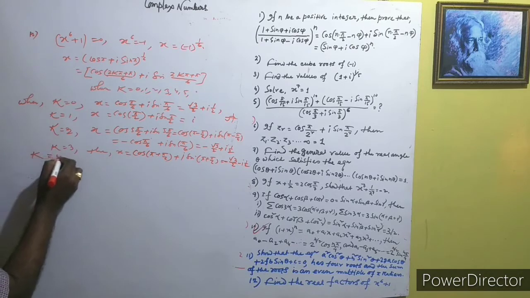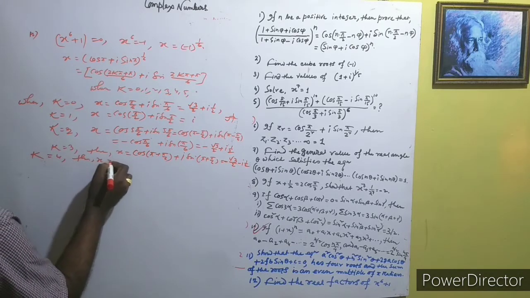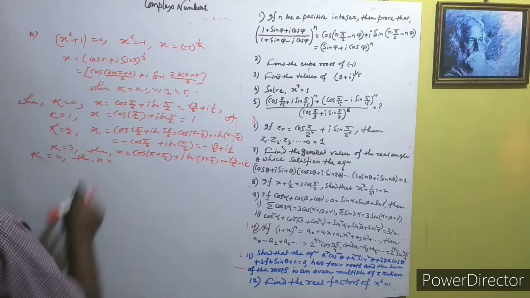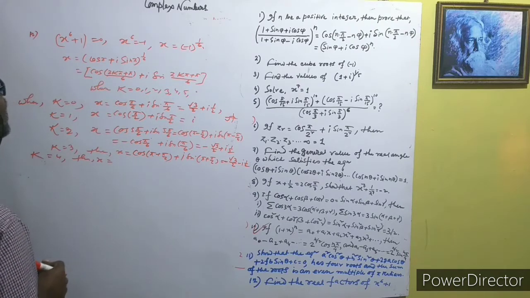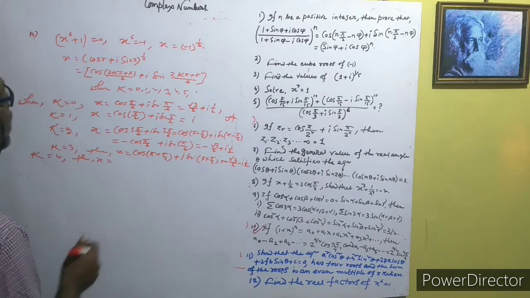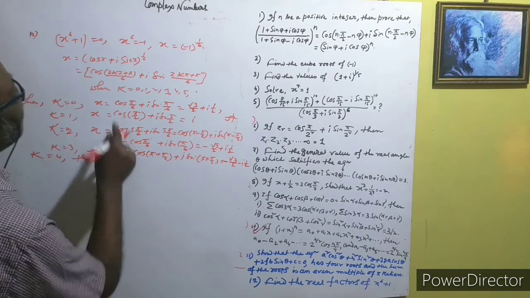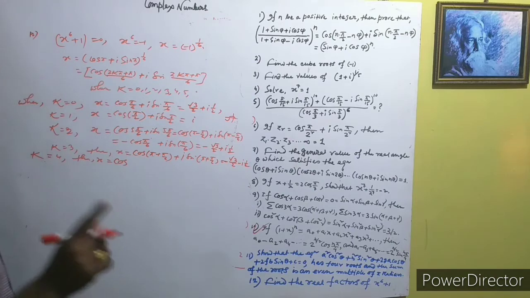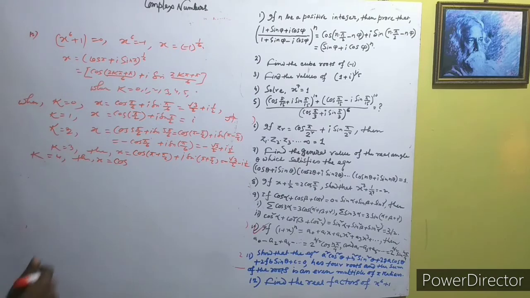When k is equal to 4, we get 8 plus 1, 9, so this is 9 pi by 6. Cancelling 3, this is 3 pi by 2, which is pi plus pi by 2.